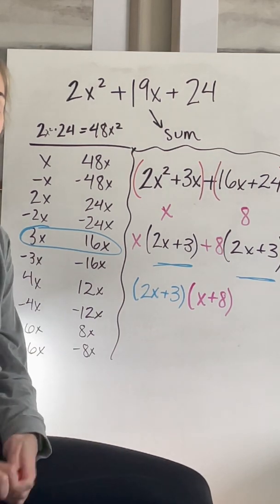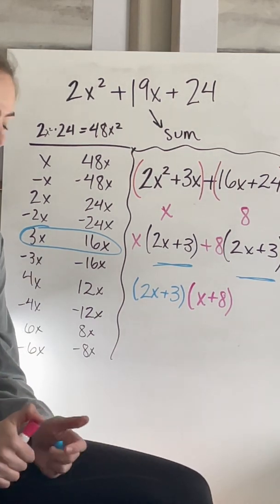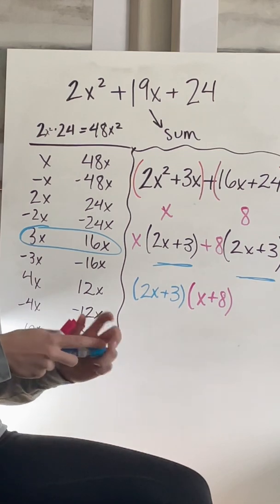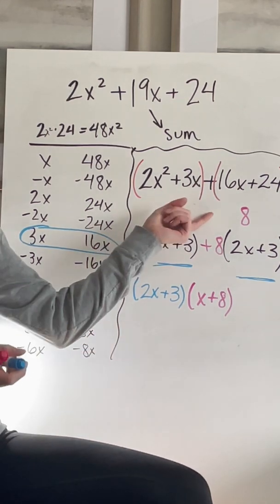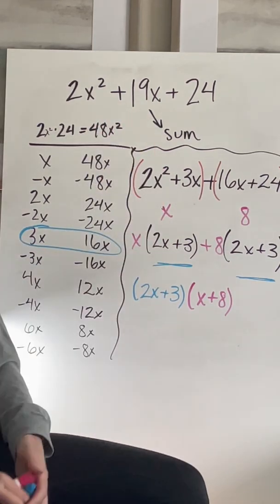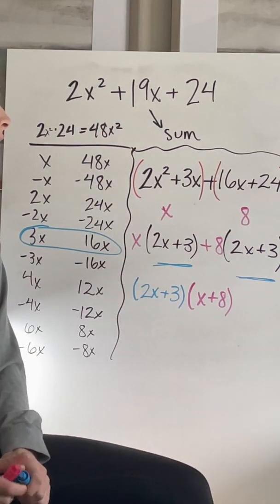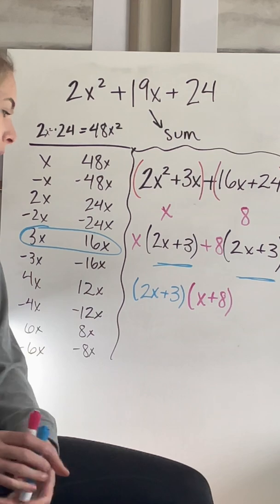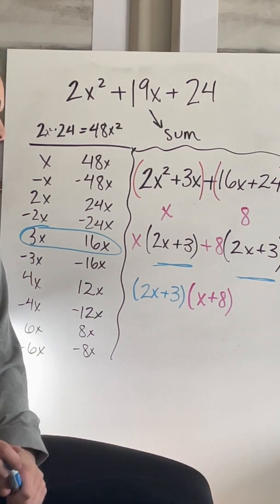Right, so that is our final factored form from our 4-term expression here, which is also the same as our 3-term expression above, 2x squared plus 19x plus 24. And we end up with 2x plus 3 times x plus 8.